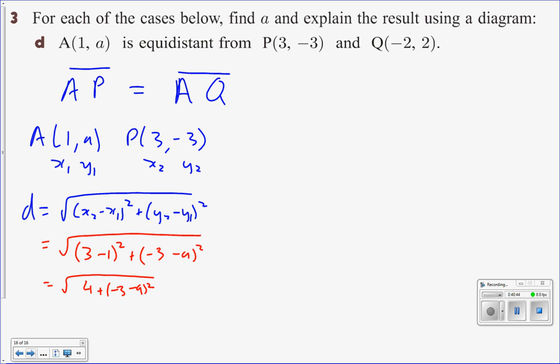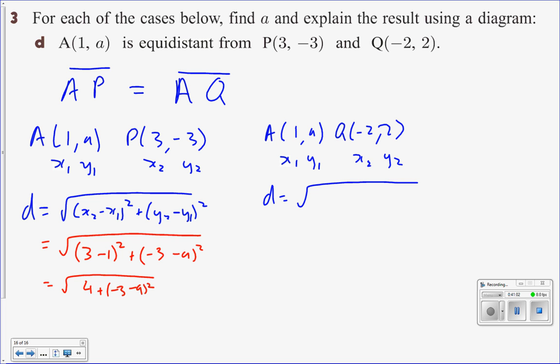Now we can work out the distance between a, which is 1a, and q, which is negative 2, 2. So d, so x1, y1, x2, y2. So d equals square root of x2 take x1 squared plus y2 take y1 all squared.